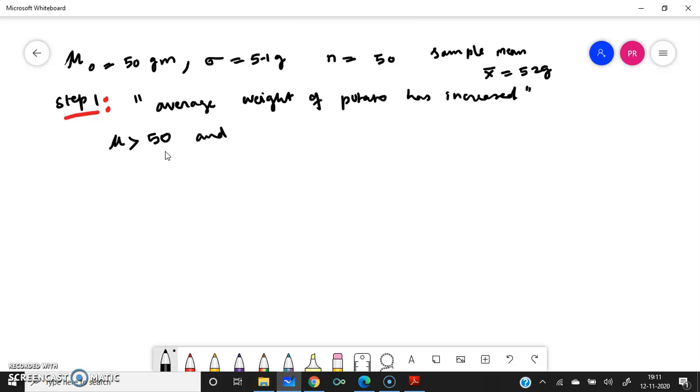Its complement is mu is less than or equal to 50. Wherever the equal to sign is there, that will be our null hypothesis, and the claim will be our alternative hypothesis.